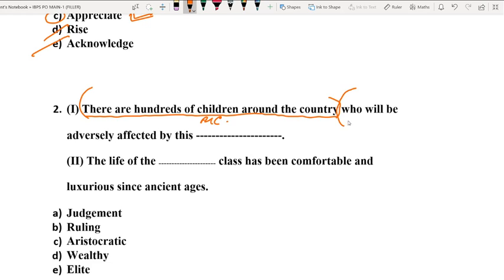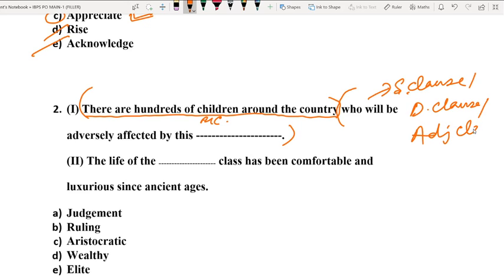And again, starting from who till the end, there is another clause, and this clause is known as a subordinate clause or dependent clause or adjective clause. We can name it an adjective clause because it starts with a relative pronoun, that is who. Who here is a relative pronoun.